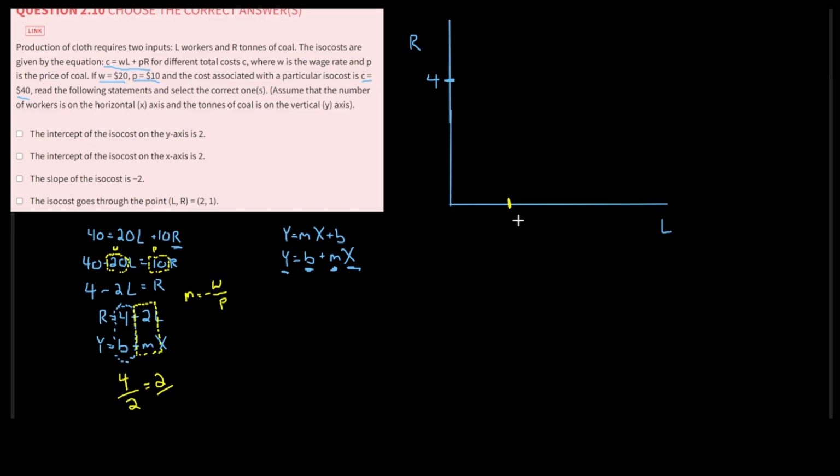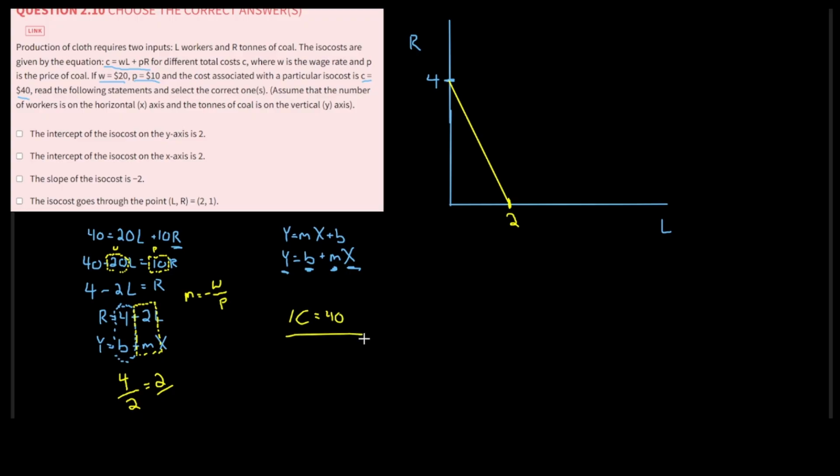And that will be our horizontal intercept. What we can now do that we have those two extremes is we can connect the dots. And connecting the dots, we have our isocost, such that any combination of L and R that we pick off of that isocost will give us a cost of $40.